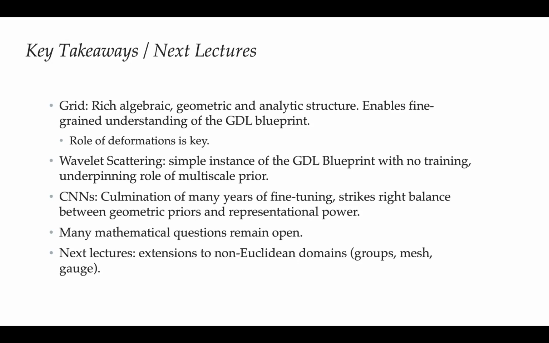In particular, Taco is going to tell you how this blueprint is instantiated on groups, and Michael is going to describe how to do it on manifolds and meshes. So with that, I'll thank you very much, and I'm open for questions in the minutes that we have remaining.